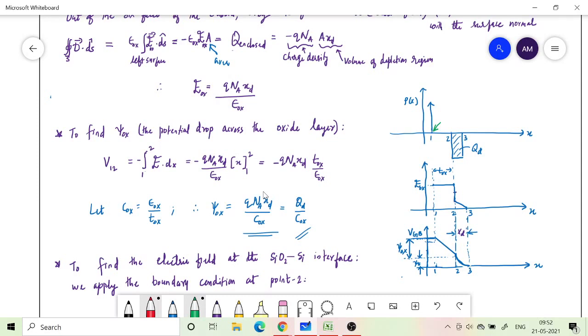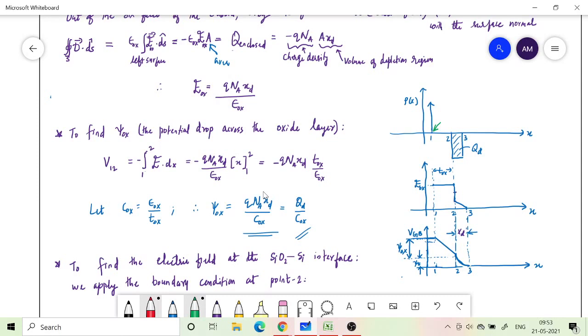So that integral, you will get x. And since x is linearly varying, if you want the voltage at any point, you put point x instead of point 2. That will give you the voltage at any point from 1 onwards.